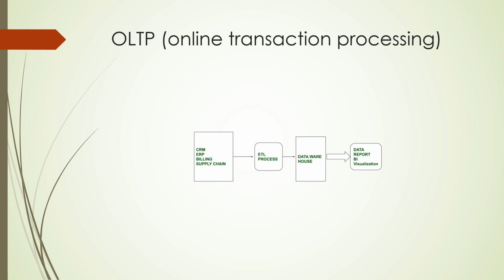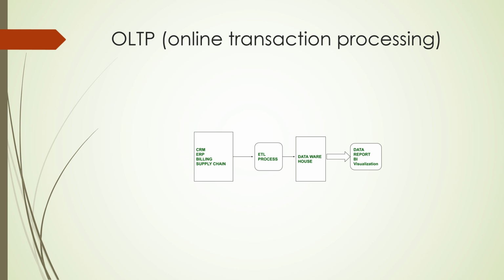Every day, many activities are involved in this OLTP process, which can include online banking, online shopping, and a point-of-sale terminal which is tied with the inventory management system, like ERP billing and supply chain.